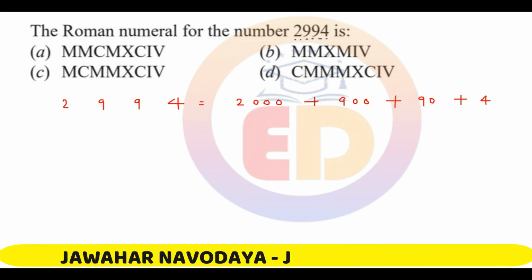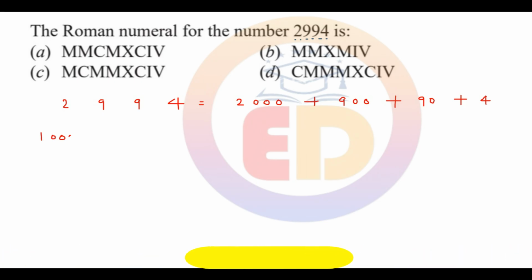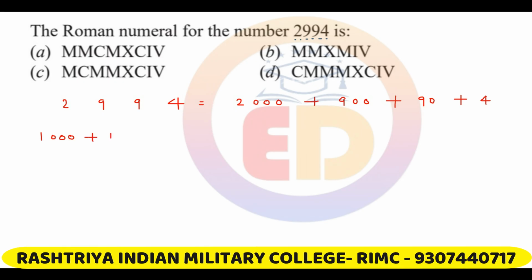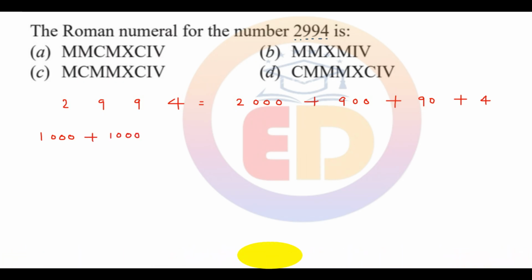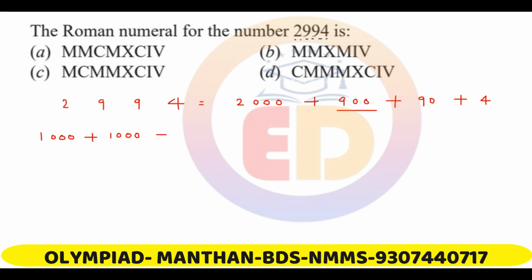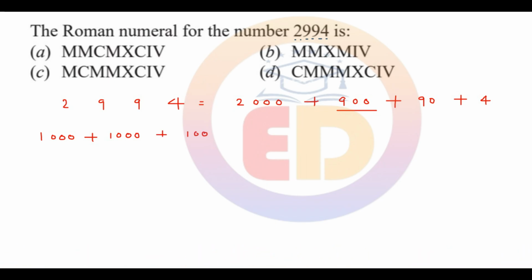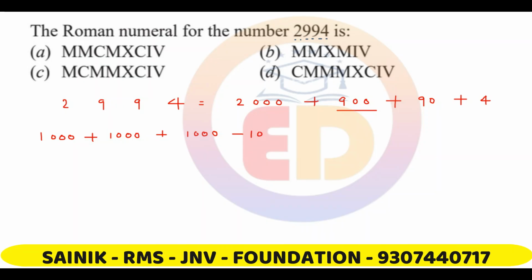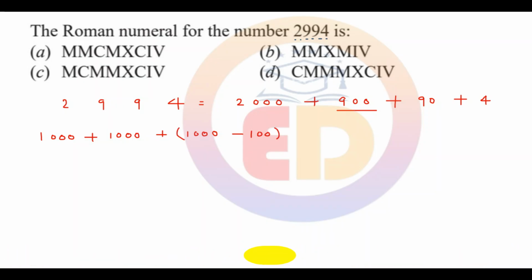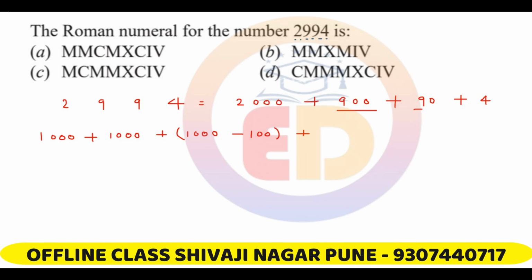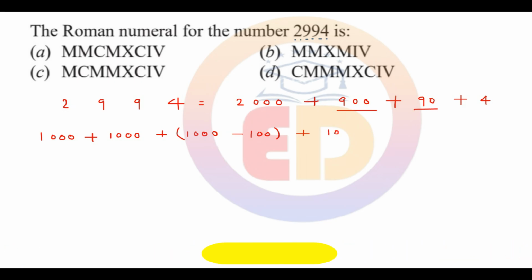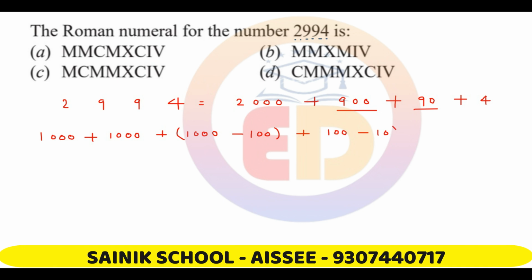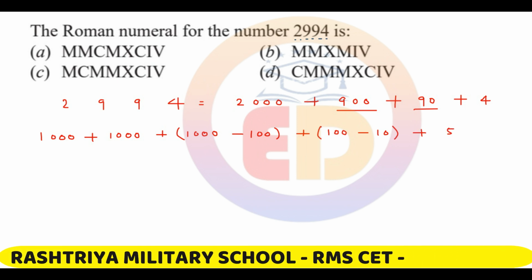We can further break it down. 2000 will be 1000 plus 1000, 900 will be 1000 minus 100, 90 will be 100 minus 10, and 4 will be 5 minus 1.